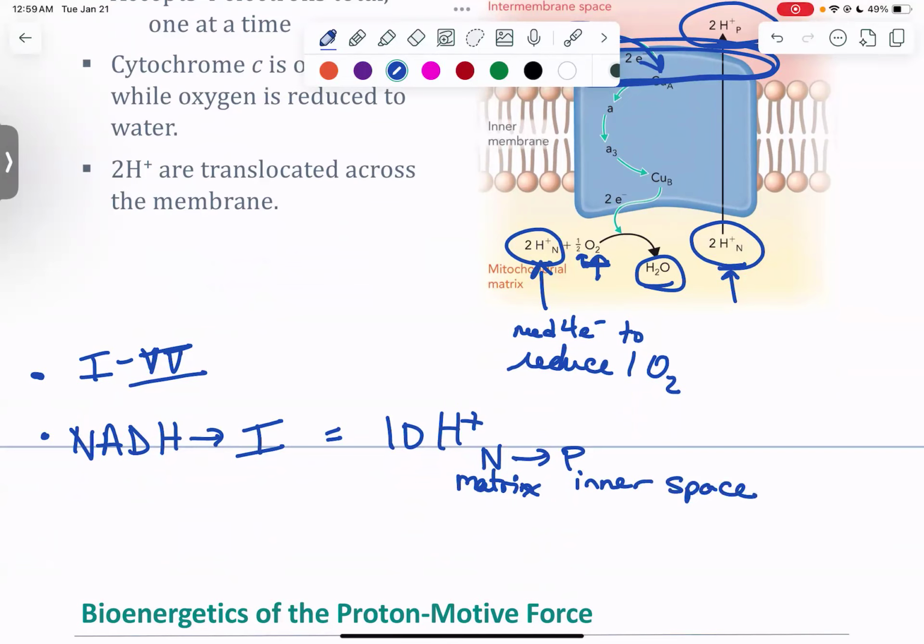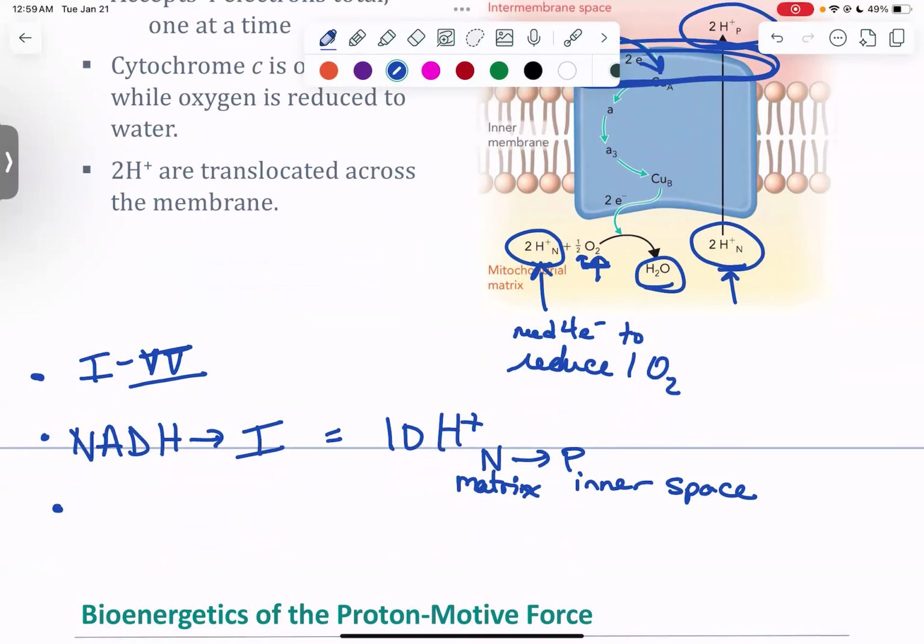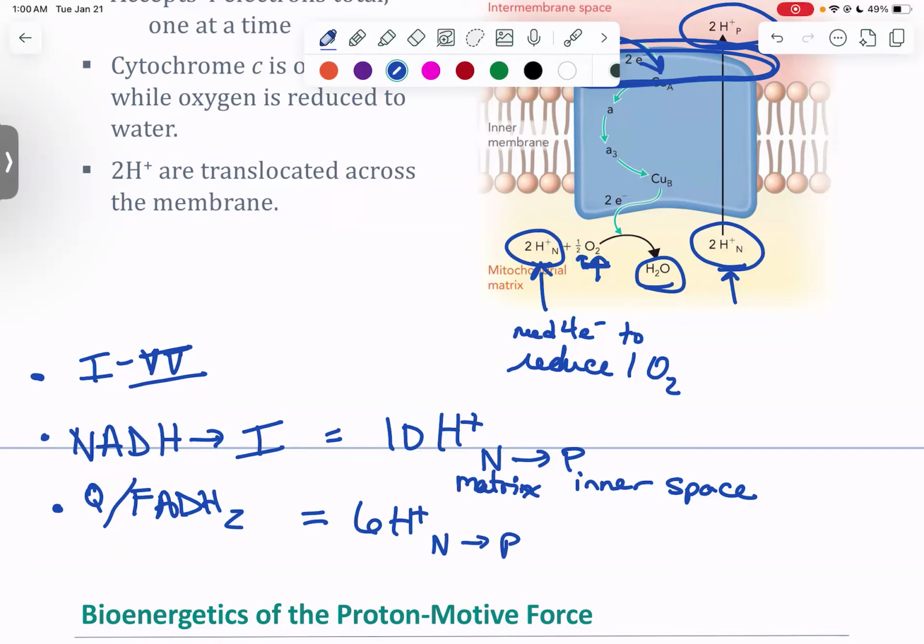On the other hand, if you had electrons in FADH2, and really Q, you're not going to get all 10, because you're skipping complex 1. You're actually skipping complex 2 if you're starting at Q. So you're only going to get 6 protons that go from N to P. So go back and look at those figures so that you start to see those differences between NADH and FADH2.